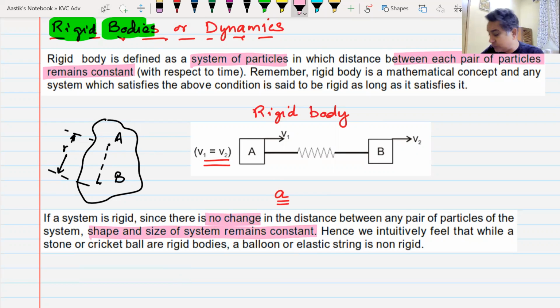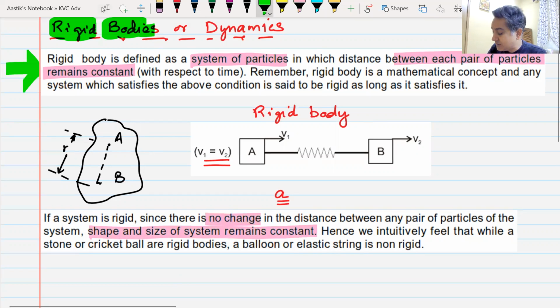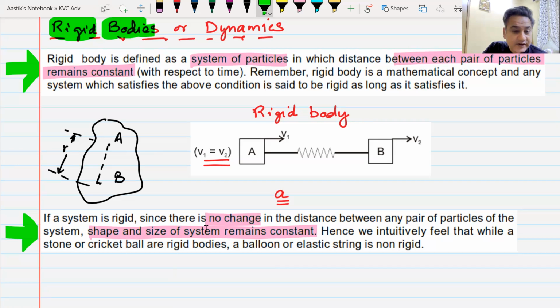So that is the next way of understanding what a rigid body is. The first way is that the distance between any two particles, any 2 points, should not change. The second is that, since the distance does not change, the size and the shape of that body will remain the same. Do we understand this? Yes, sir.